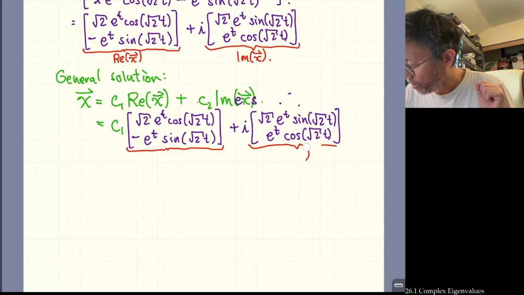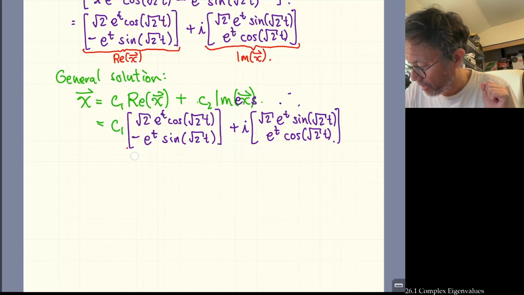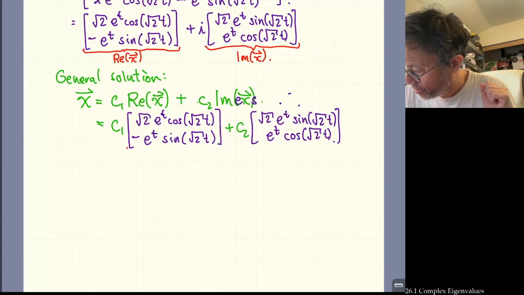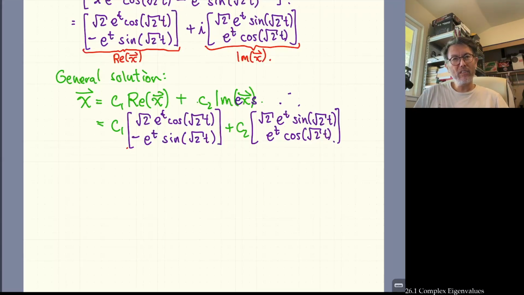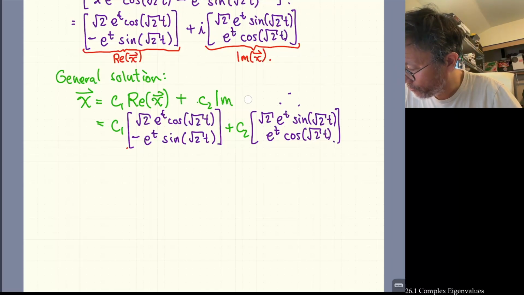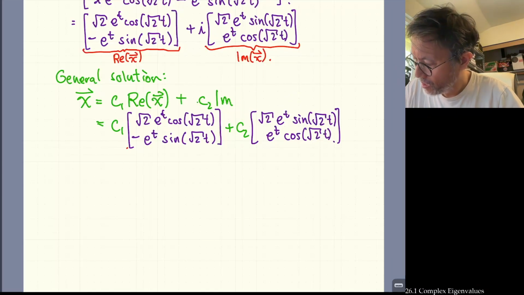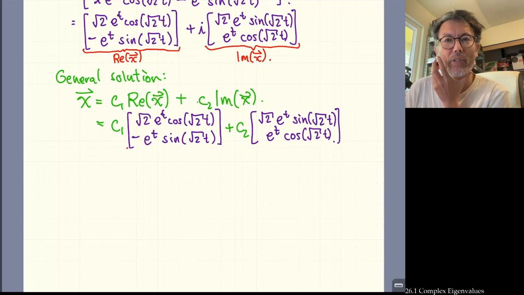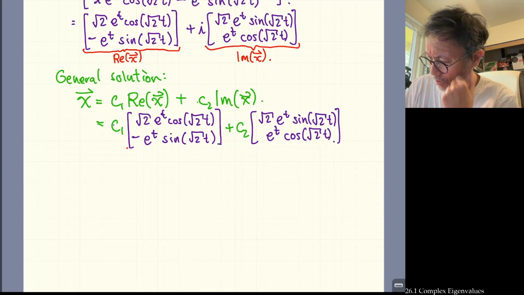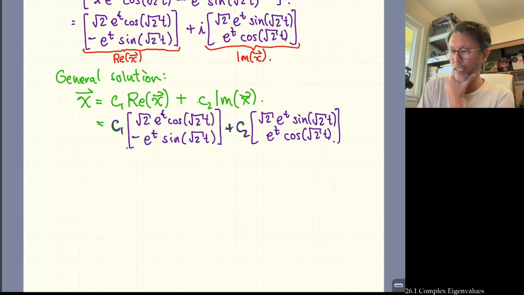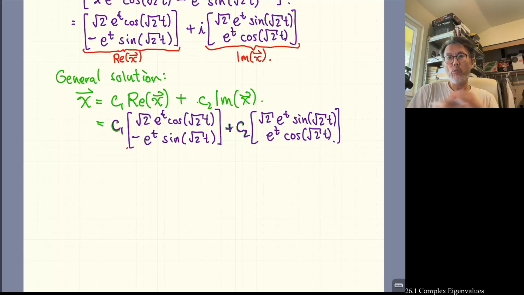There's all this red junk here, and then there's all this here. And I need to get rid of this and that, and then put plus C2 times this, and then I win. Do you see that? It still looks a little ugly because I've got purple stuff here, so let me fix that. And I claim that this is not only right, but I saved time by doing that stupid thing that I just did. Maybe that looks confusing. C1 plus C2. Does that look better? You get the point, though.